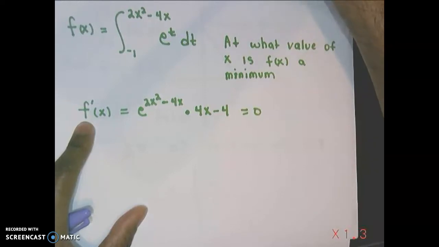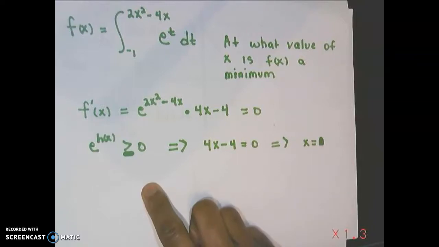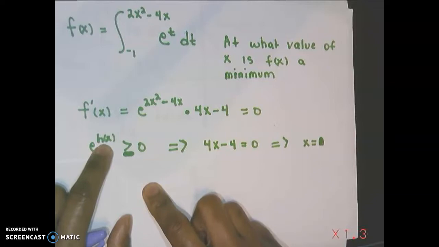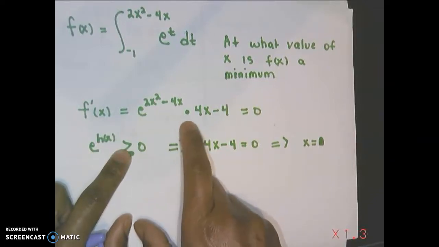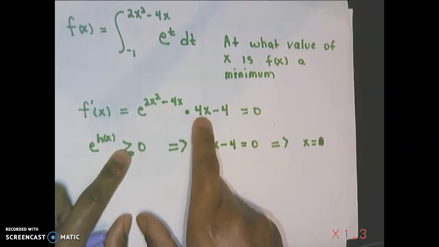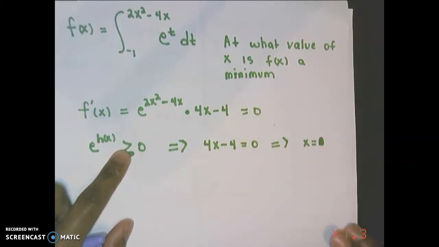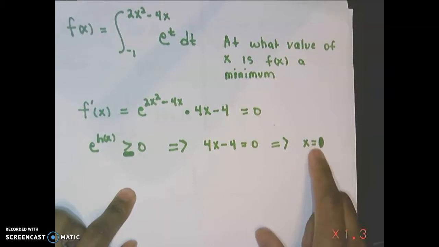One thing to note, if you take e and raise it to any function, that's always greater than 0. So the only part of this derivative that could be equal to 0 is the 4x minus 4. So I'm just going to set 4x minus 4 equal to 0. That implies my x is equal to positive 1.